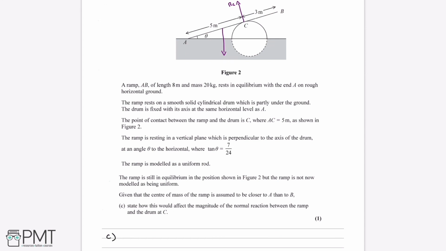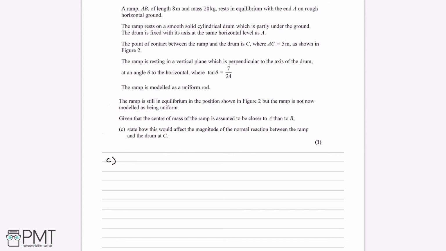And since the clockwise moment take away the anti-clockwise moment is equal to 0, if the clockwise moment decreases, then so will the anti-clockwise moment. And what this means is that the magnitude of the normal reaction at C will decrease, because that's involved with the anti-clockwise moment, and if one decreases, the other does.